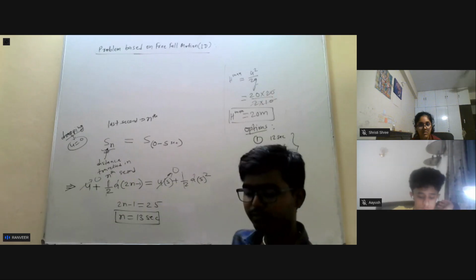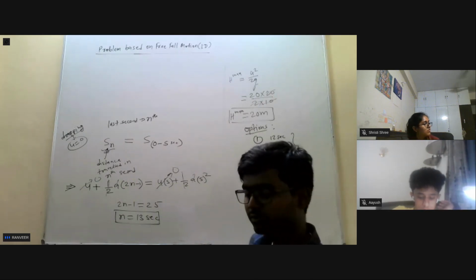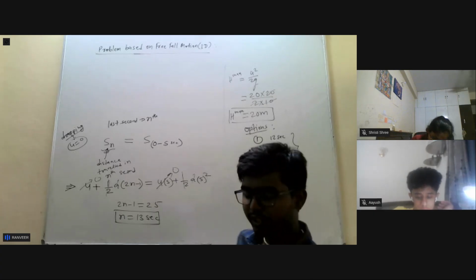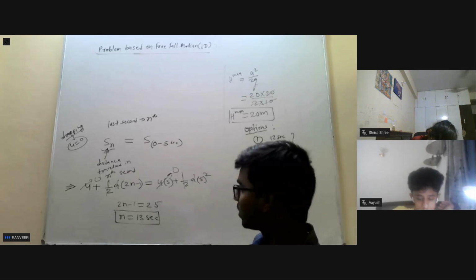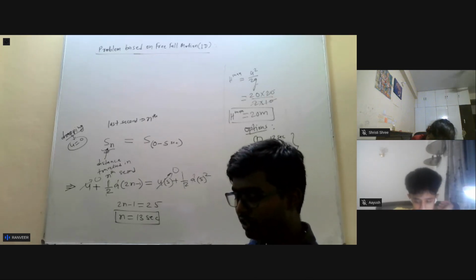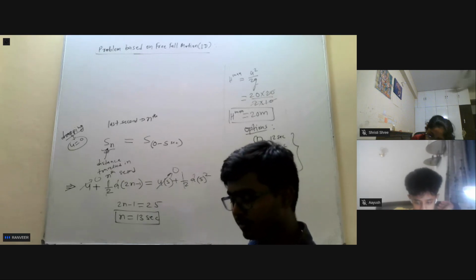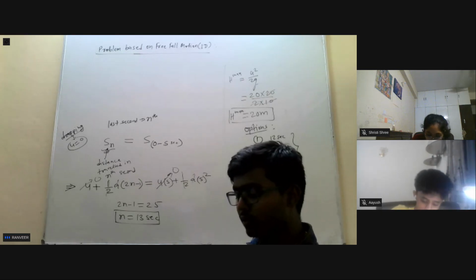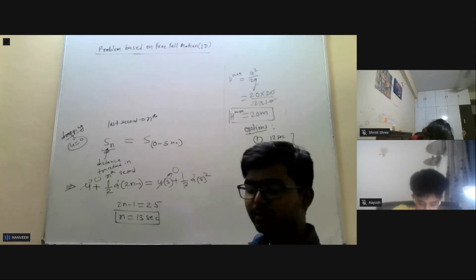What is the distance between the third and fourth drop when the seventh drop just leaves?